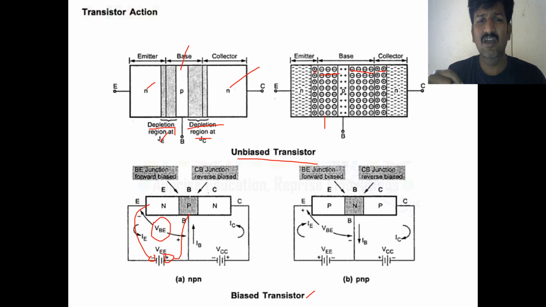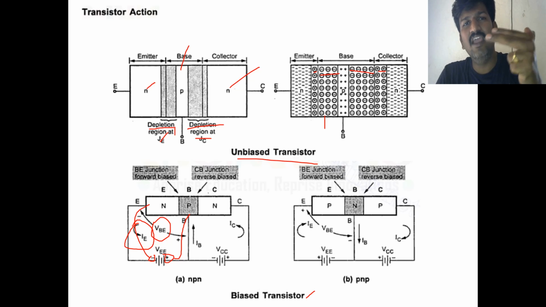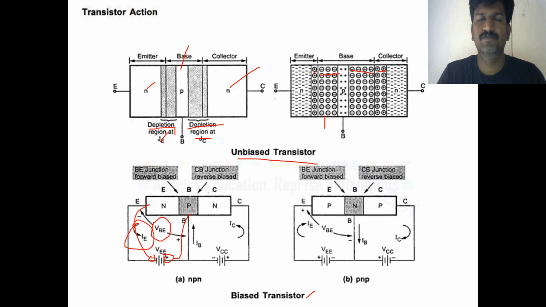Then we can have the movement of electrons. The electrons are going to move from the emitter to the base. You should understand this very carefully. Emitter to base. In the opposite direction we have the current, that is the emitter current, which is coming out from the emitter. The current always flows opposite to the direction of the movement of electrons.